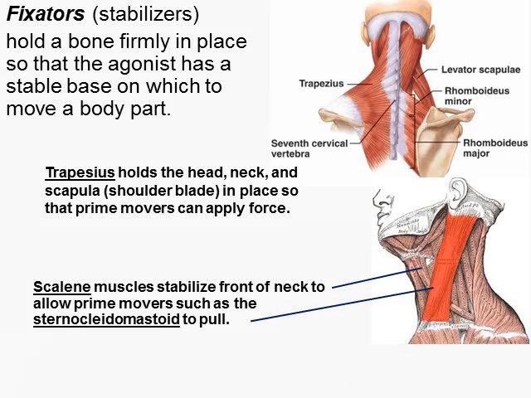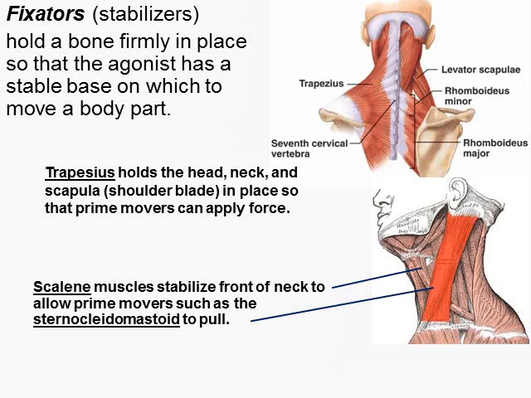Fixators are important, even though their job seems unimportant, because they're going to hold a bone firmly in place so that the prime mover or the agonist has a stable base from which to pull. Good example is the trapezius. It's going to hold the head, the neck, and the scapula all in place, nice and tight, so that prime movers can apply force.